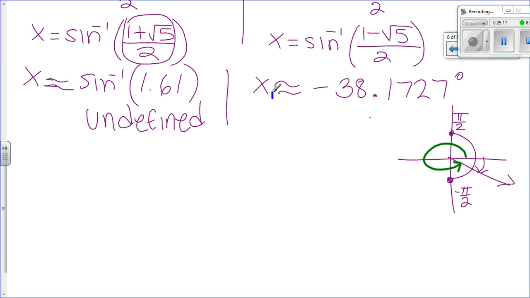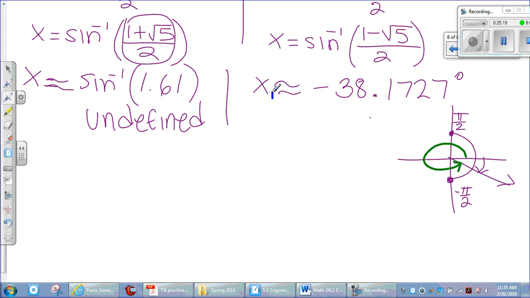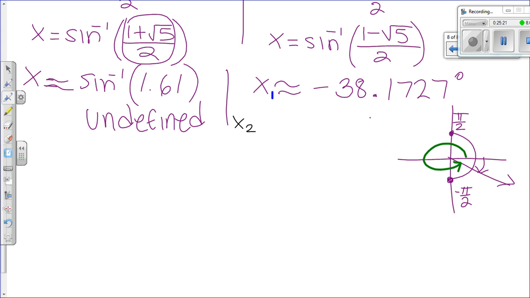So if you consider that x1, let's say that x2 is going to be 360 degrees minus 38.1727.